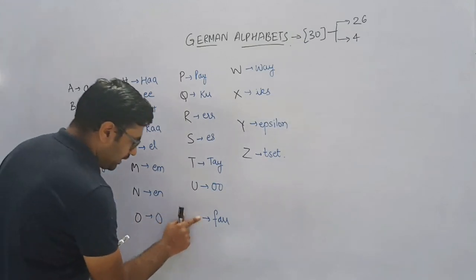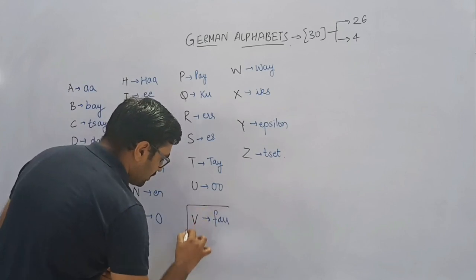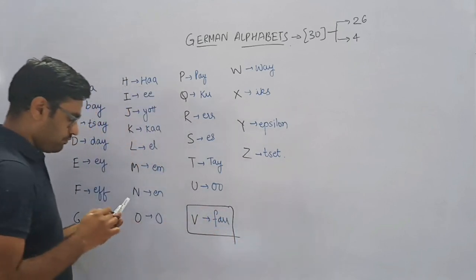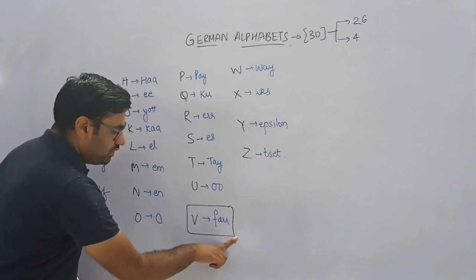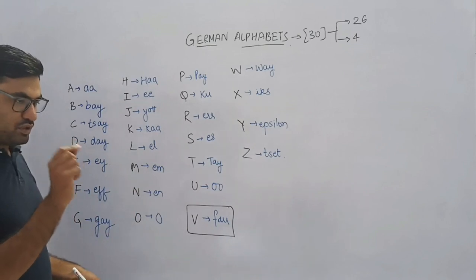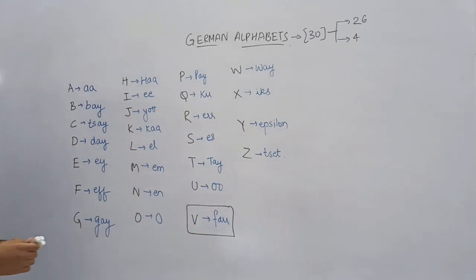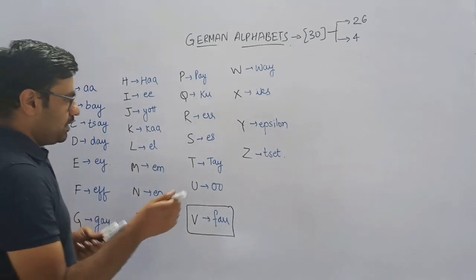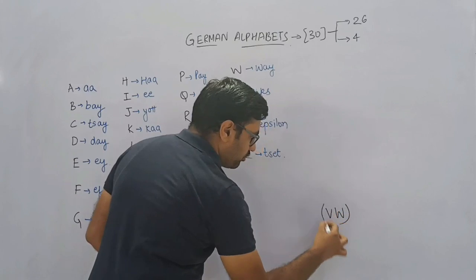Now, pay attention here. This letter is V, and whenever we use this letter V, it has a pronunciation same as that of letter F. For example, you have heard of this company, Volkswagen.